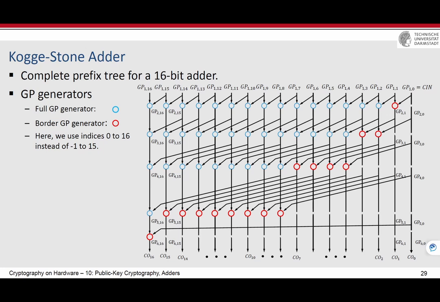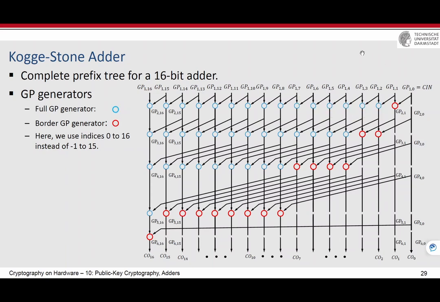Now the Kogge-Stone adder, the only difference to the other parallel prefix tree adders, like the carry lookahead adder that I explained, is that the GP pairs are coming here. You see them from index 0 to 16 if it's a 16-bit adder. Again, as I said, 17 different pairs.